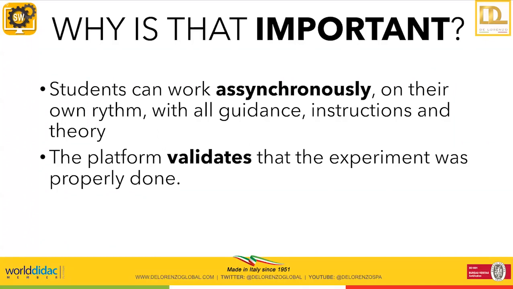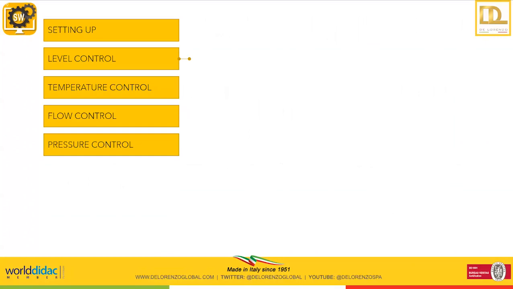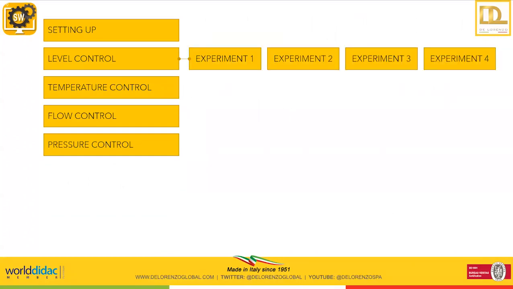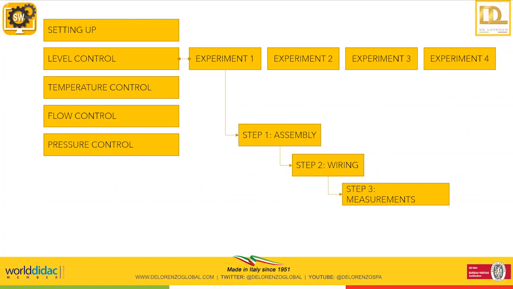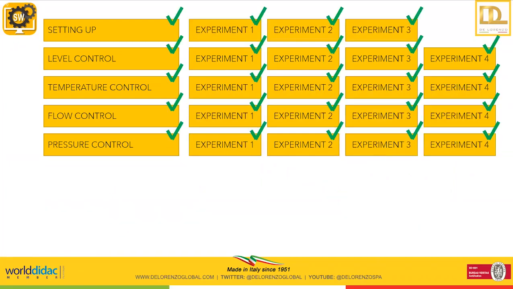You saw that step by step, and the professor may follow the student's progress. So this is what you saw. We accessed level control. There were a few experiments over there. And then we had to go through assembly, wiring, and simulation to be able to go to the next ones. And then that's how it goes from one to one.